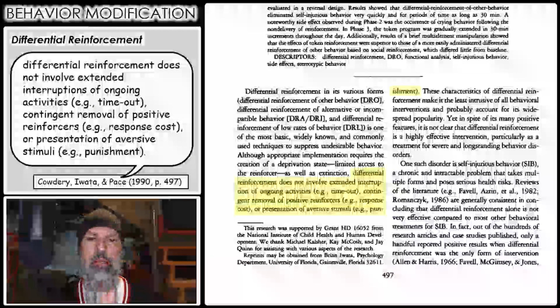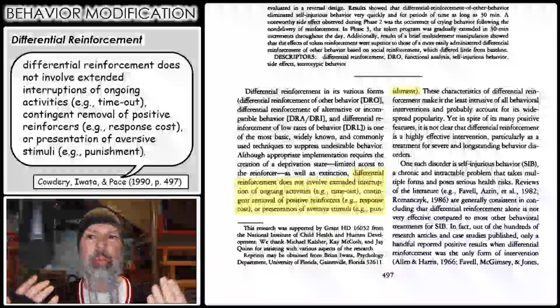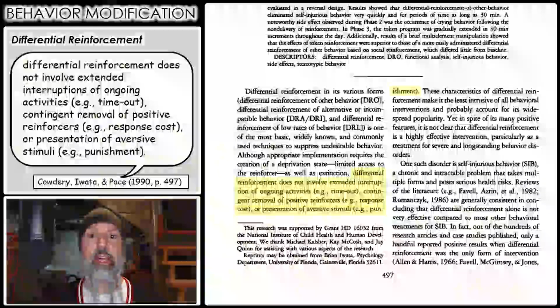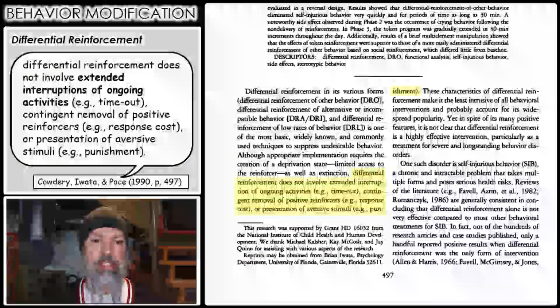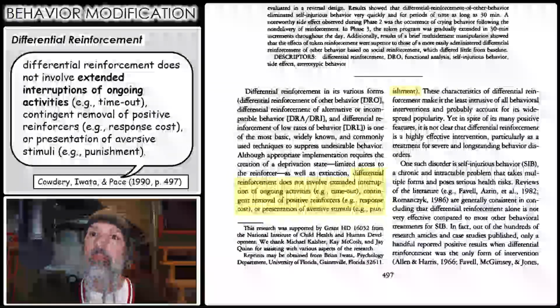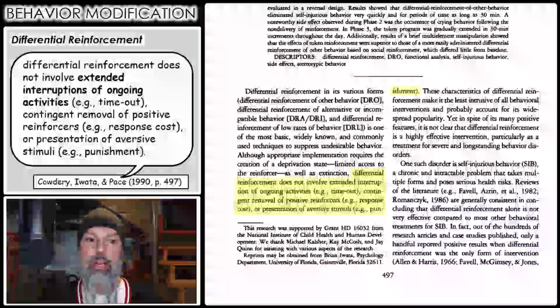So once again, this indicates one of the reasons why differential reinforcement of other behavior is so widely used, because it doesn't have a lot of these negative drawbacks, such as extended interruptions of ongoing activities. So the learner can continue to engage in particular activities.